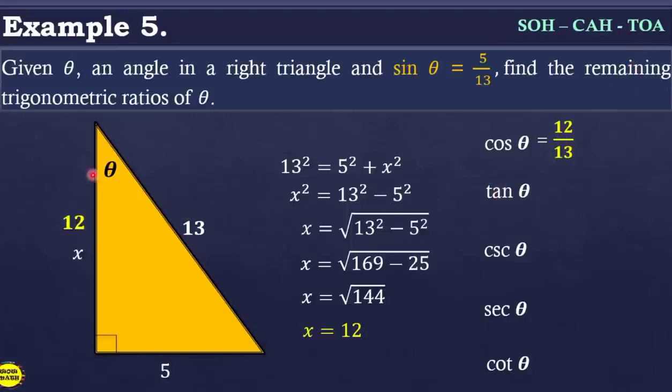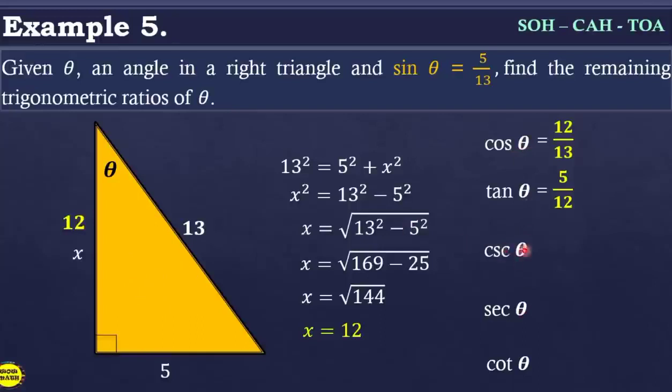For tangent, we have opposite over adjacent. Again, this is your angle, theta. So, opposite, 5, over adjacent, 12. So, 5 over 12. For cosecant, this is the reciprocal of your sine. You can just get the reciprocal of this because they have the same angle, theta. It's easy: just get the reciprocal of your primary trigonometric ratios if the angle is the same. But if not, you really need to look at your figure.